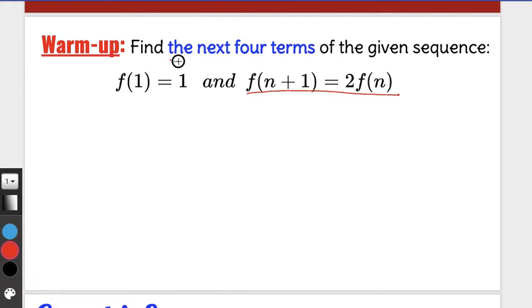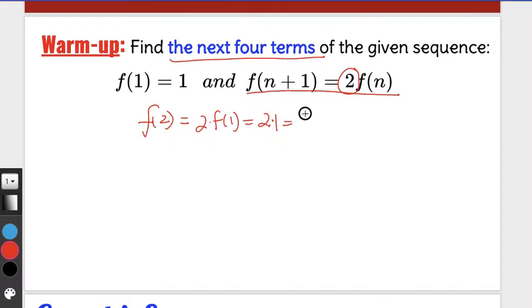We are going to find the next four terms, and we already know the first term is 1. The next term has 2 in the front, meaning 2 times the current term. So f of 2 is 2 times 1, which is 2, right? The third term comes from 2 times the previous term, which is f of 2, so it's 2 times 2, which is 4.